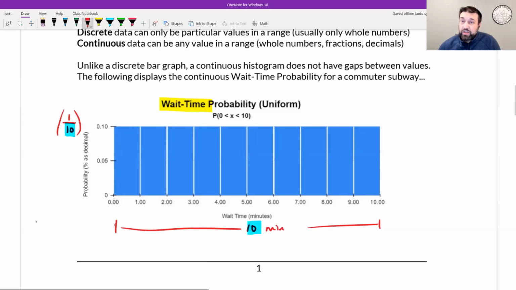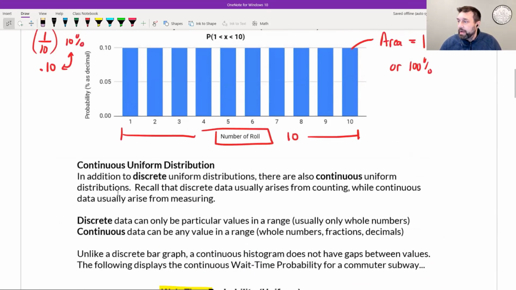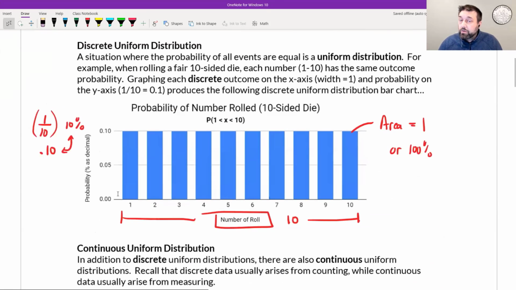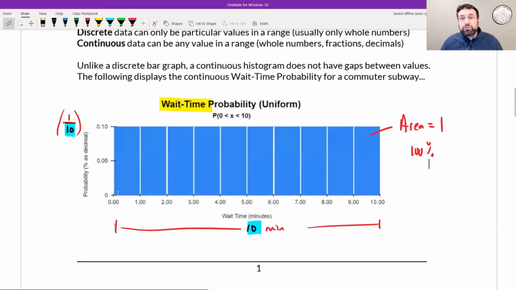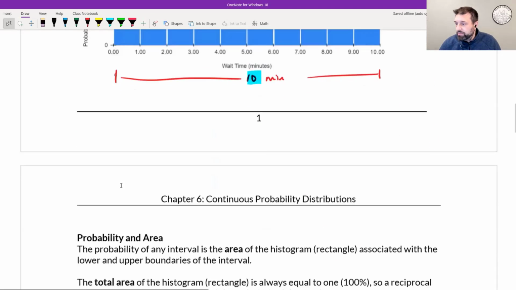And once again, if we were to calculate the area of all of the probabilities, this area would equal 1, or 100%. If you added up all of the outcomes, you'd get 100%, just like if we added up all of the outcomes here, we would get 100%. So this is a good transition from a discrete probability to a continuous probability.